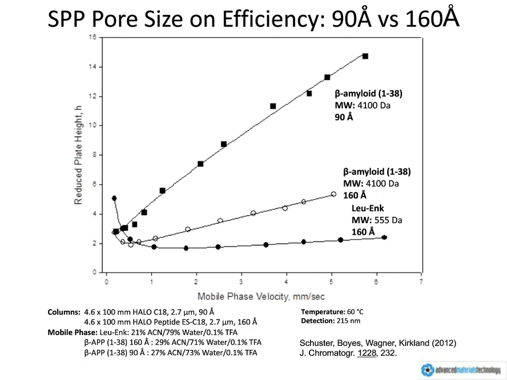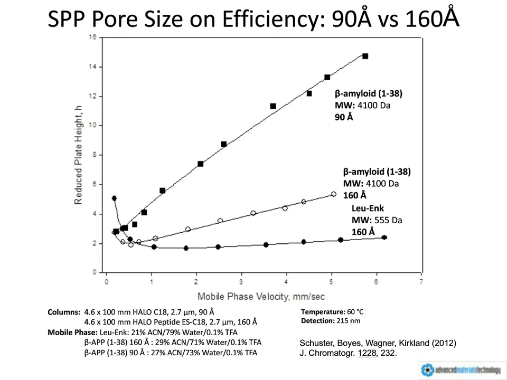In this case, comparing the effects of mobile phase velocity, that is flow rate, on a measure of column efficiency, which in this case is the reduced plate height. Looking at a small peptide, leucine enkephalin, about 600 molecular weight, and comparing it to the beta-amyloid 1 to 38 sequence, which is about a 4,000 molecular weight material.